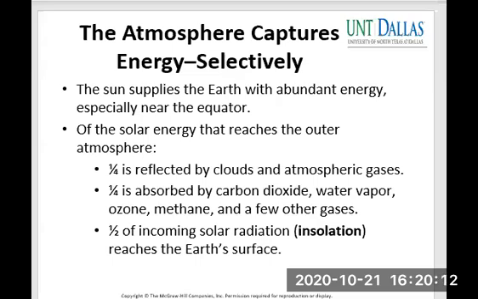Of the solar energy that reaches the outer atmosphere, one fourth is reflected by the clouds and atmospheric gases, and one fourth is absorbed by carbon dioxide, water vapor, ozone, methane, and a few other gases. Half of the incoming solar radiation reaches the Earth's surface.